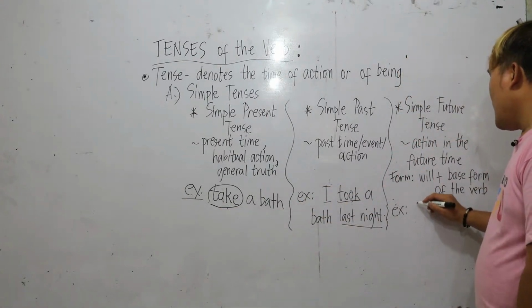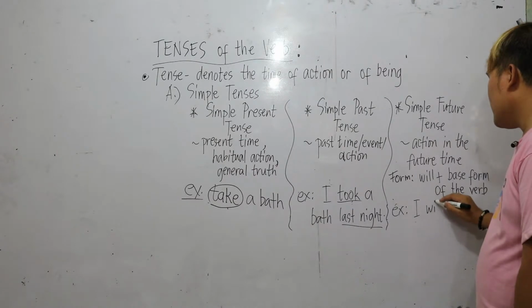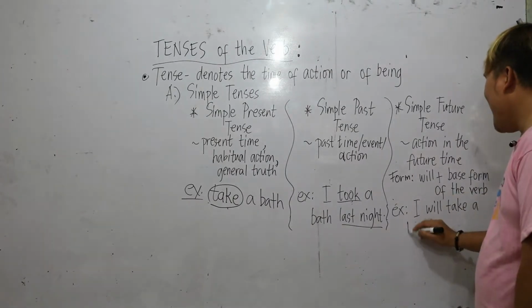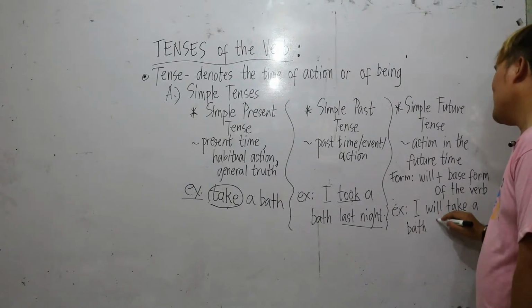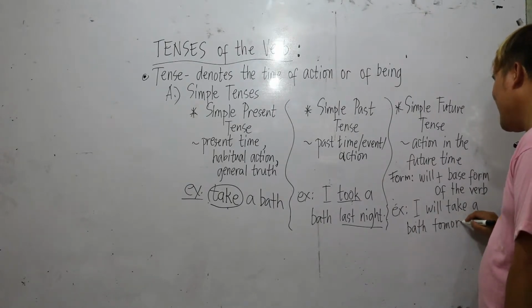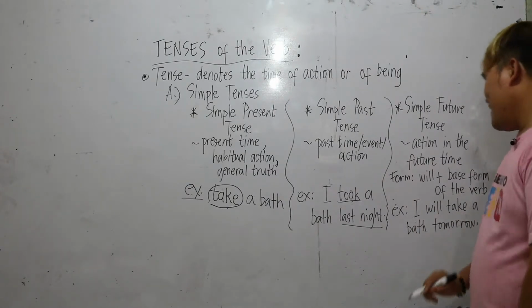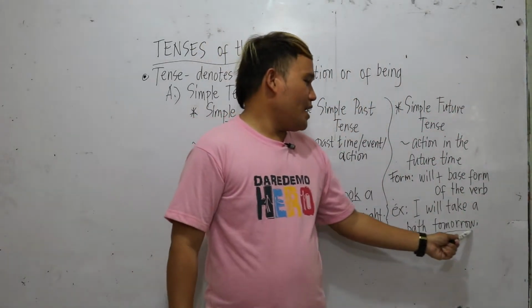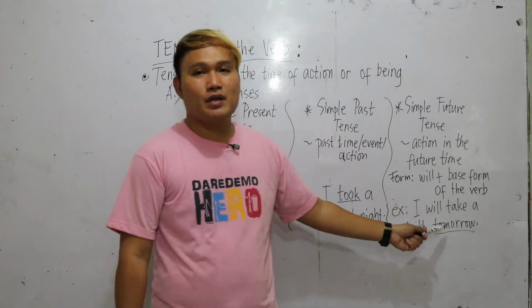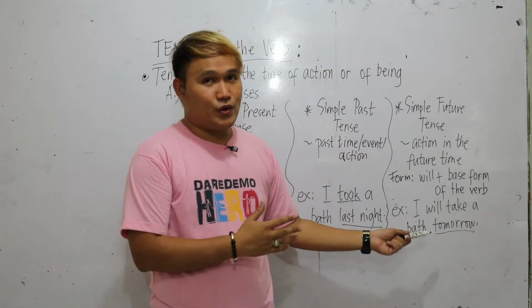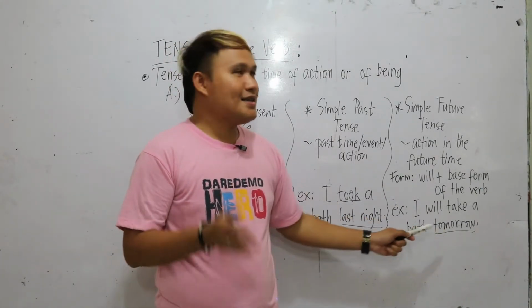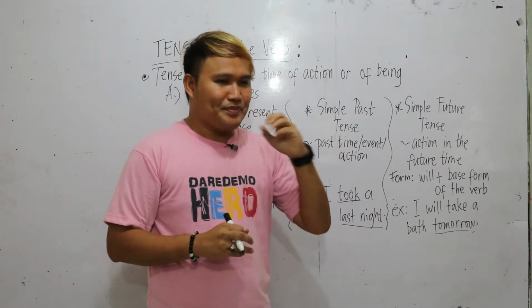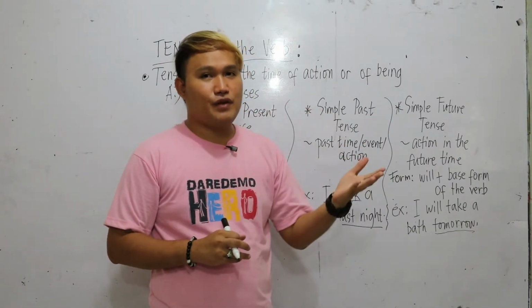So, I will take a bath tomorrow. Again, for the time expression, we are going to use tomorrow. This is one of the clues, or cues, that a statement is referring to a certain action that will happen in the future.